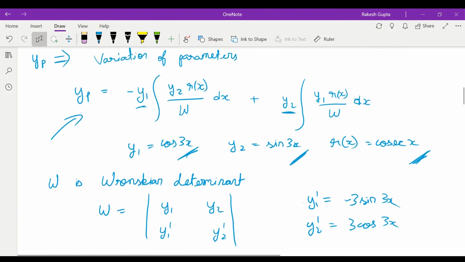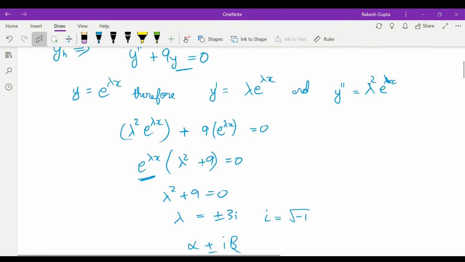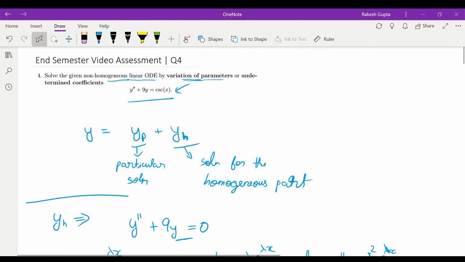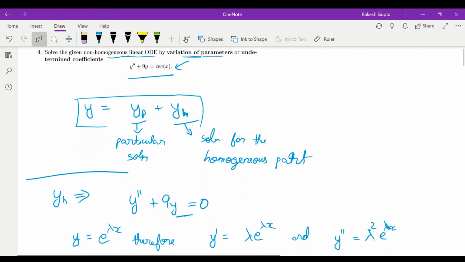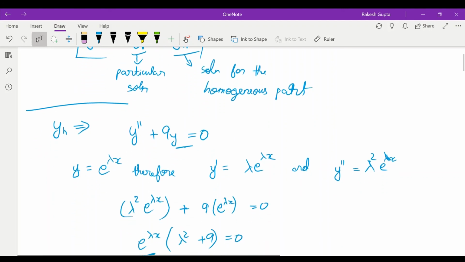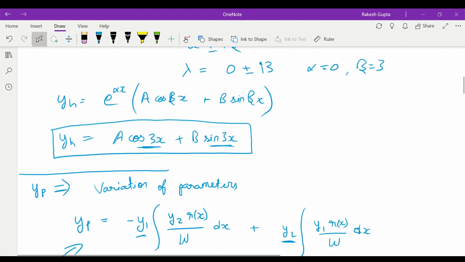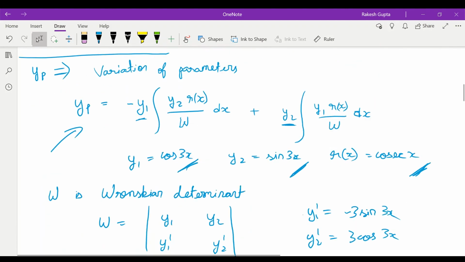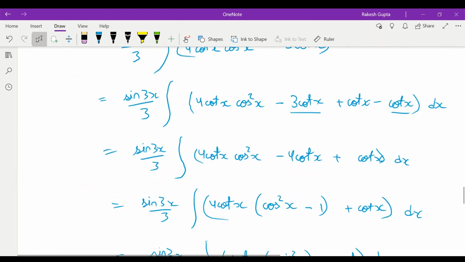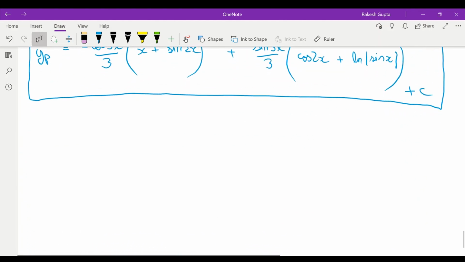So now, if you recall, our general solution y was given by this equation right here: particular solution plus the homogeneous part. So we have the homogeneous part after solving as a cos 3x plus b sin 3x. Just going to write it.